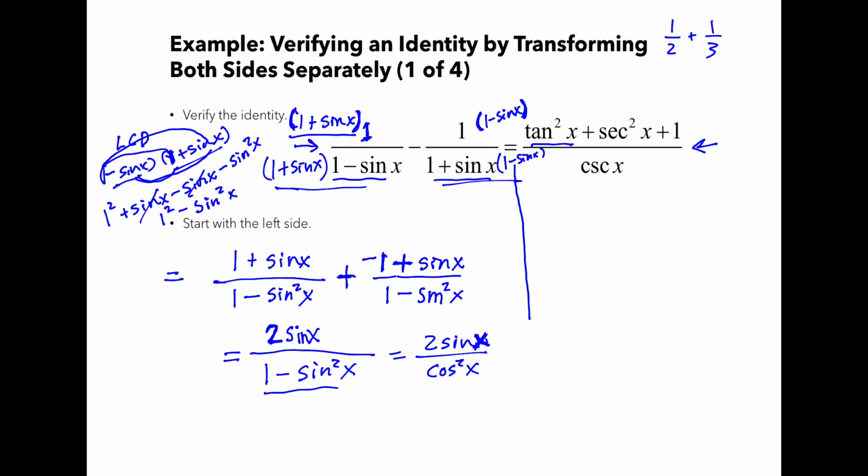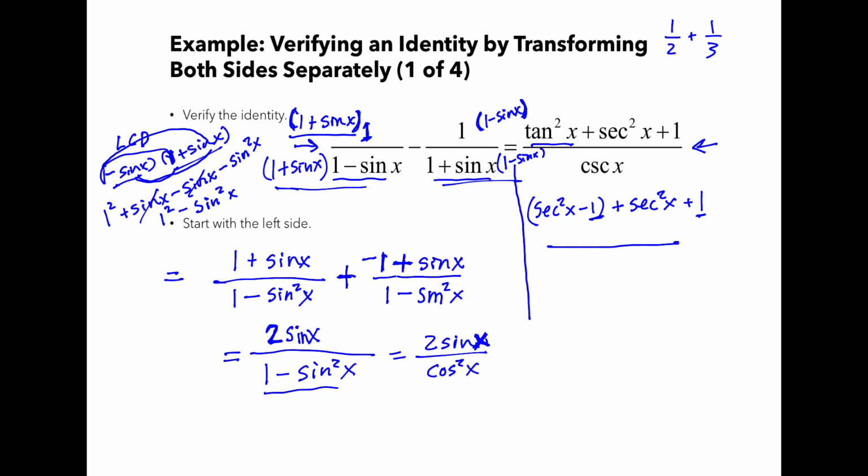So secant squared x minus 1, I'm substituting this for the tangent squared. And we have plus secant squared x, and we have that plus 1 still here.